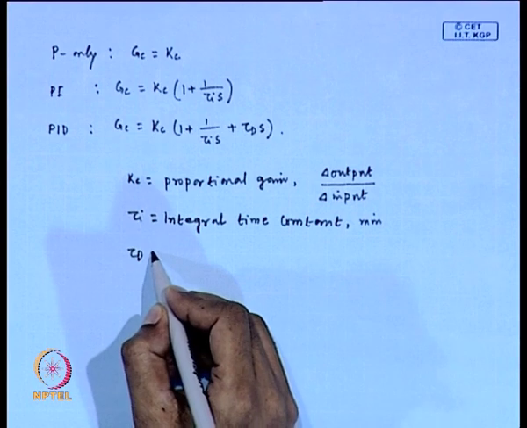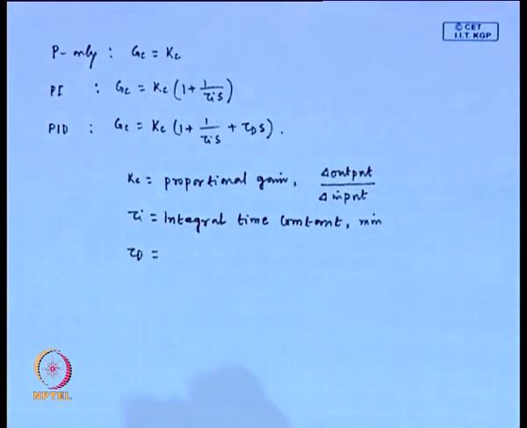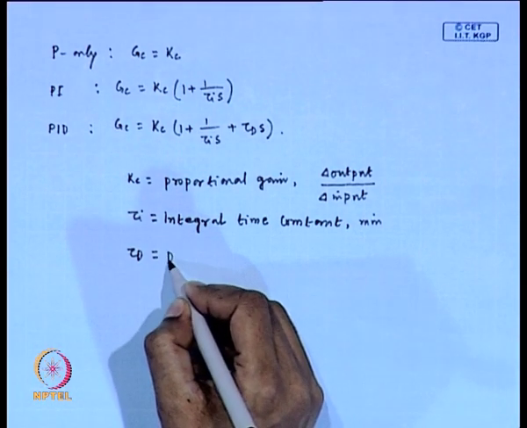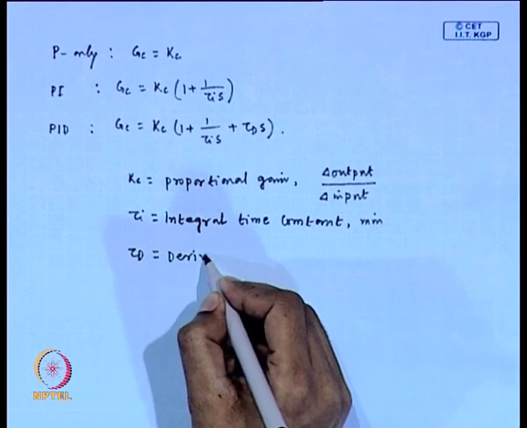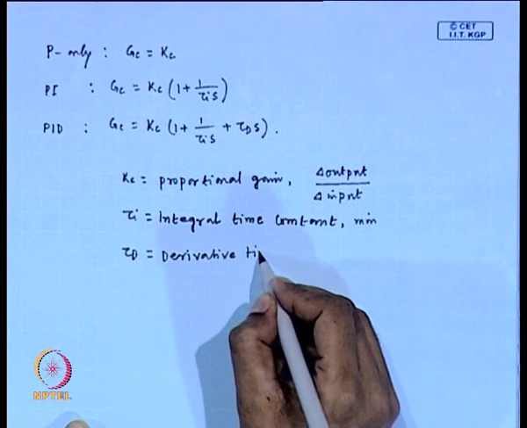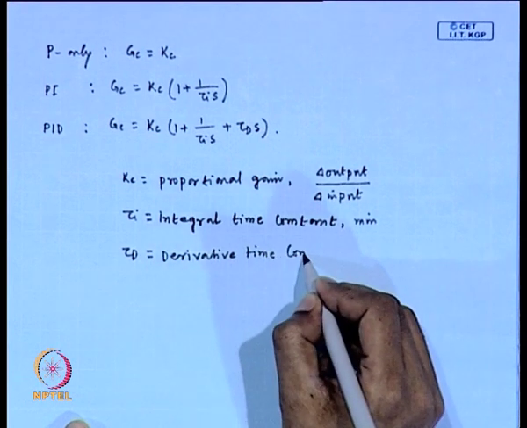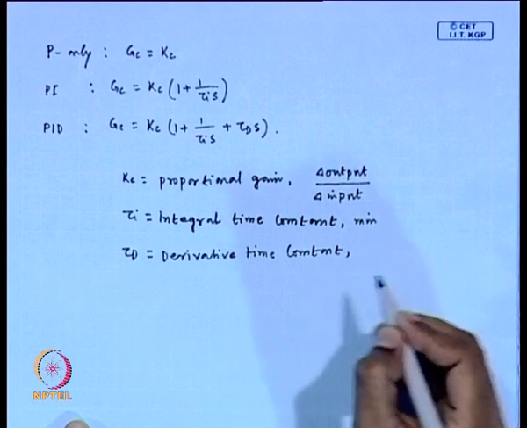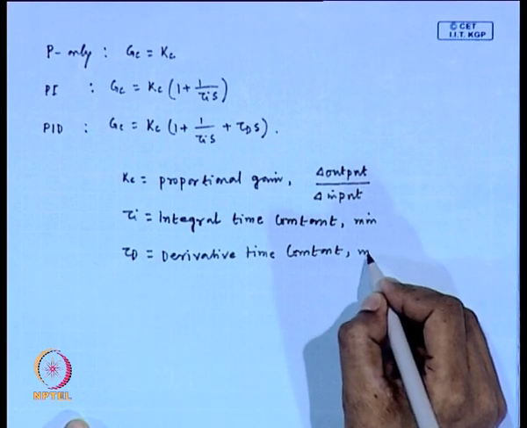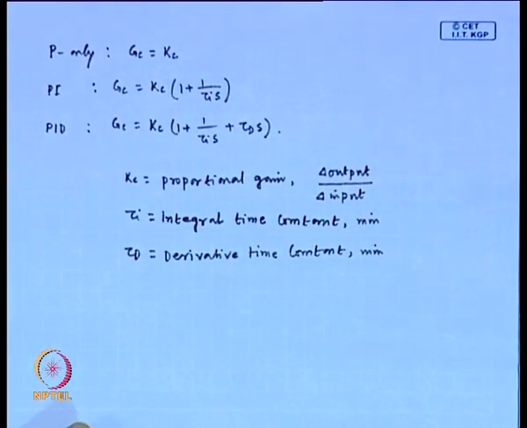Another term which is involved in the derivative term is tau d. Tau d is the derivative time constant. The unit of derivative time constant is minute or it may be hour. Fine.